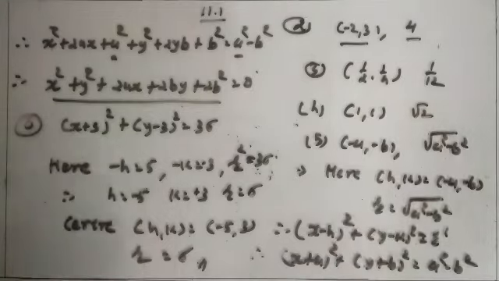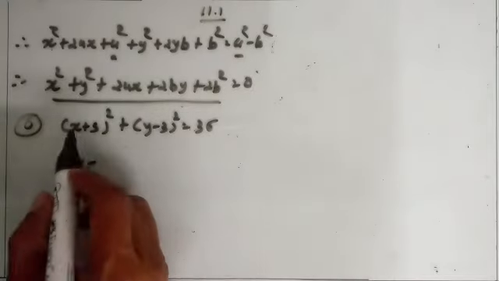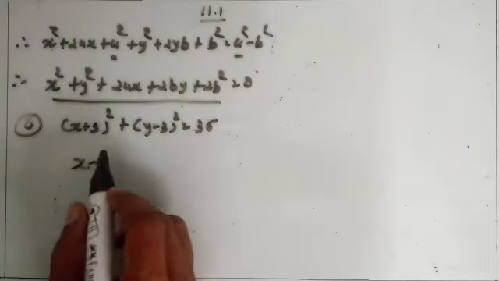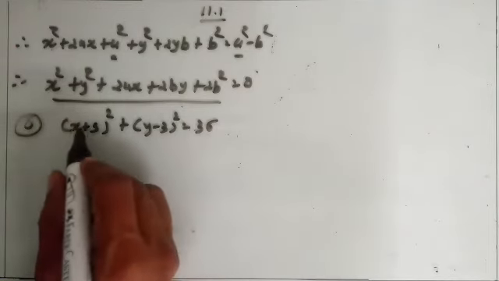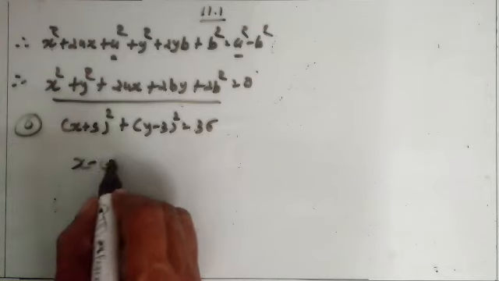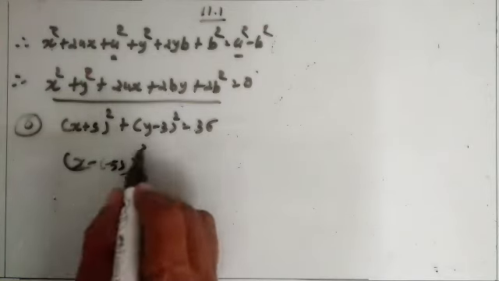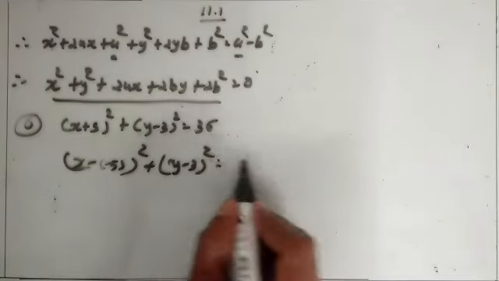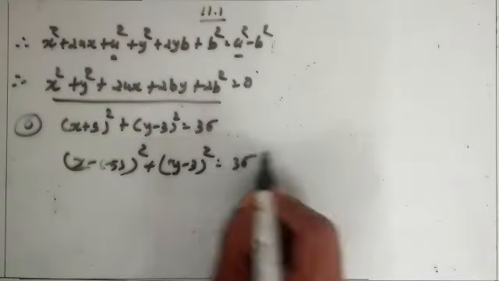First we change it into our standard form (x - h)^2. So (x + 5)^2 + (y - 3)^2 = 36.